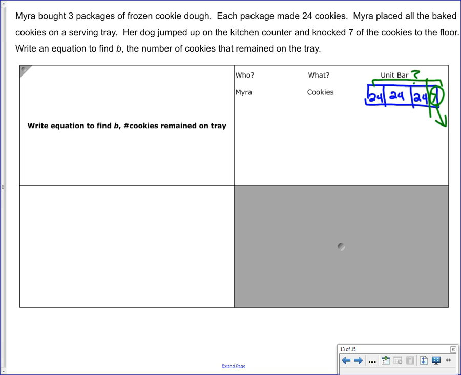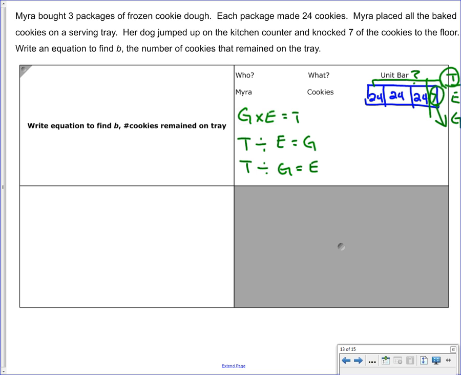So we can do this. Again, let me go ahead and write our GET chart. Remember, G times E equals T. T divided by E equals G. And T divided by G equals E. And so what we're looking for is our total. All right, and so let's take a look at what our equation looks like.